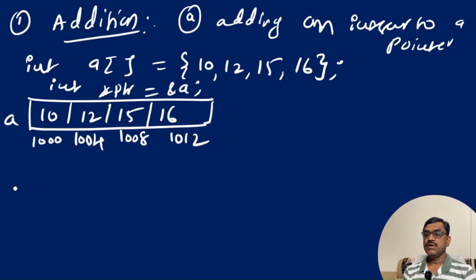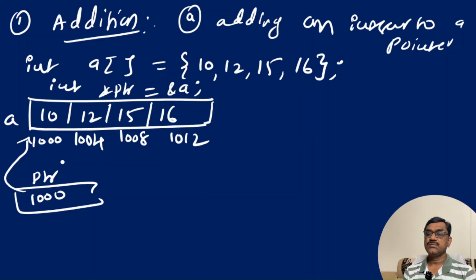Now, take the variable ptr. Here we have stored the address of A in ptr, that is 1000. It is pointing to the base address 1000, that means A. Now, adding an integer to a pointer. For example, here we are saying ptr plus 1.